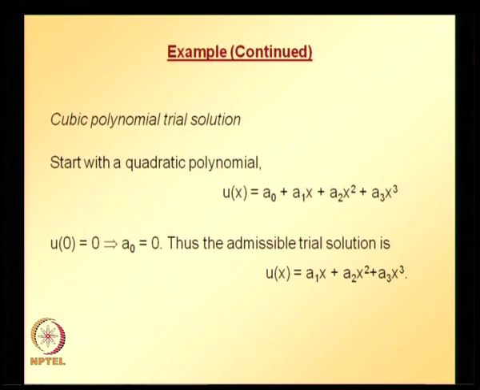a2 and a3. So what we will do is we will take this admissible trial solution and substitute into the equivalent functional that we already obtained using the various steps that are involved in variational procedure.